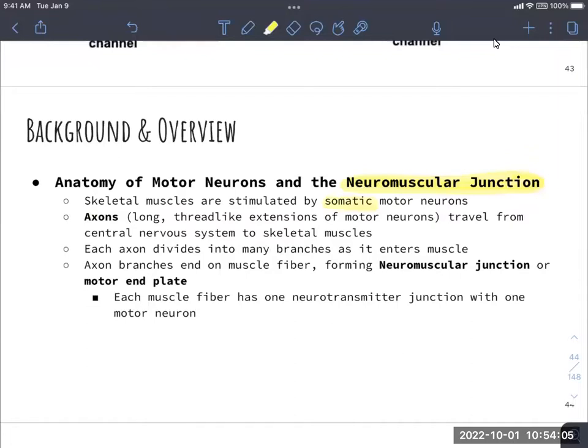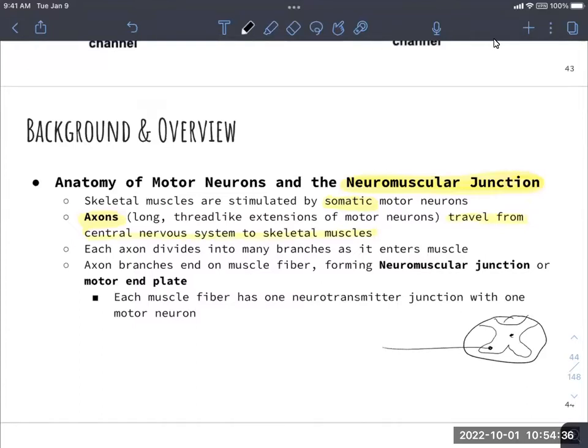The nerves, they have an axon. That axon travels from the central nervous system to skeletal muscle. So let's see. If I have my spinal cord here, nerves are going to come from the spinal cord.